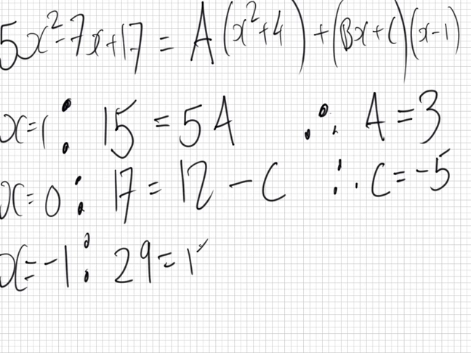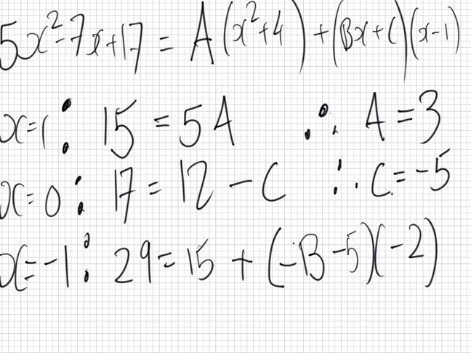And then here, b we don't know, but c we know is minus 5, times minus 2.